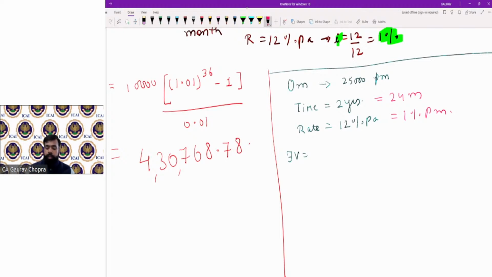And then minus 1, multiply by 25,000 and then divided by the rate 0.01.